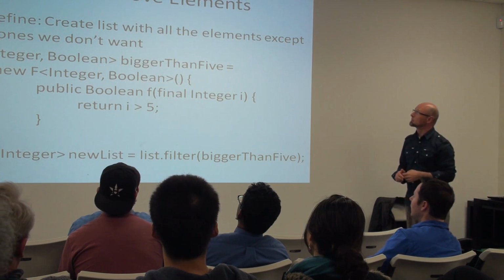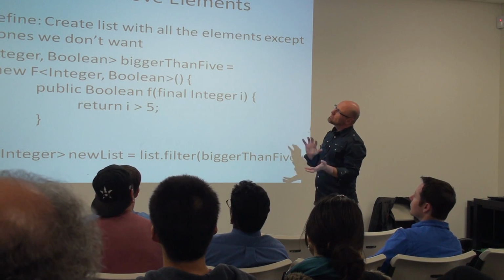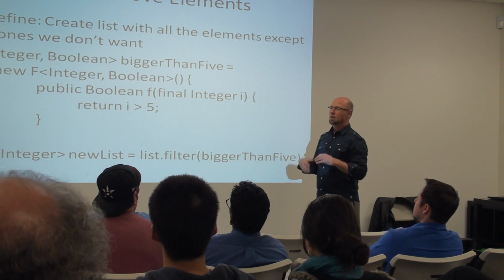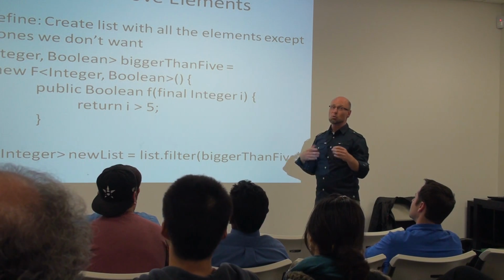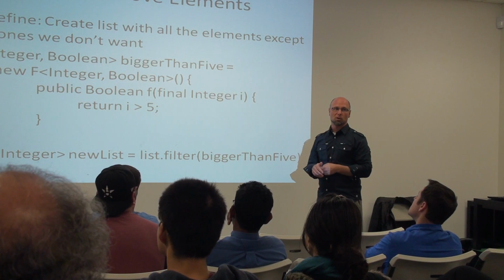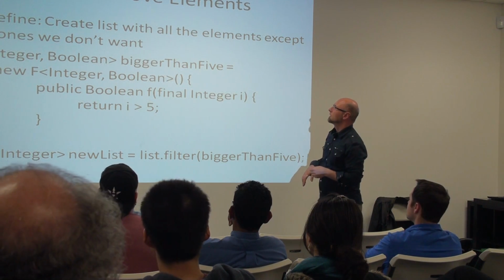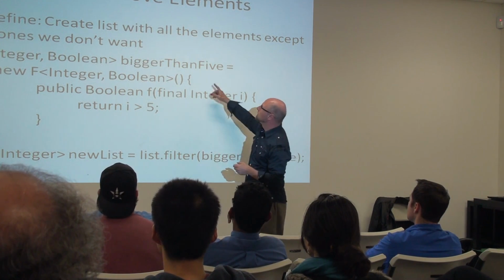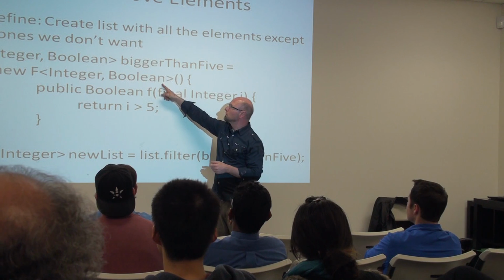How to remove elements. The trick here is to redefine the problem. If you have a list and you want to remove some elements, you define a new list with all the elements except the ones you don't want. So in this particular case, we're defining a function that takes an integer and returns a boolean.